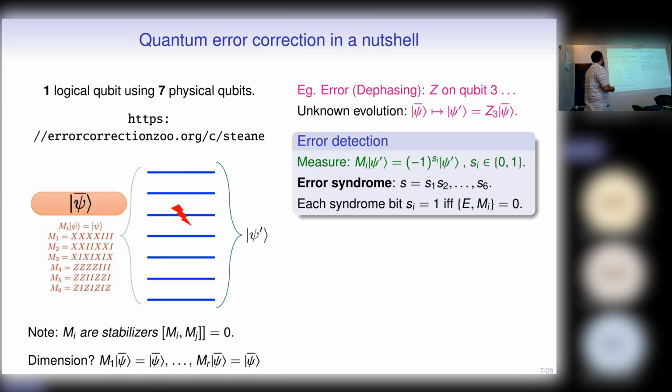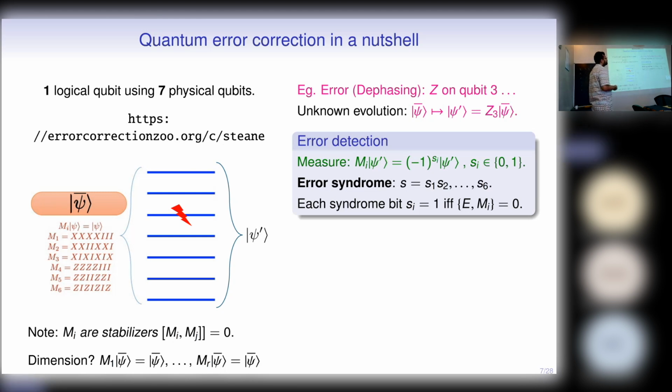Now, we know that to start with, it should be a +1 eigenstate of all this. Otherwise, it's not even a valid code state. So our first instinct would be to go and measure M1 to M6 and compute its eigenvalue or the measurement outcome. Now, this step in error correction is called error detection.